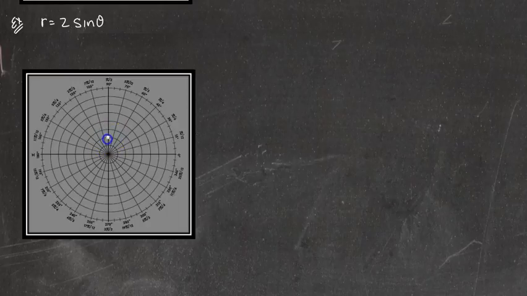So if I call this 1, then the diameter of 2 gives me a circle right here. Positive 2 means the circle is above the pole. Negative 2 would mean below the pole. The diameter is 2 because of the 2, and it's a circle on the vertical axis because it's a sine function. Now let's convert this one to rectangular.